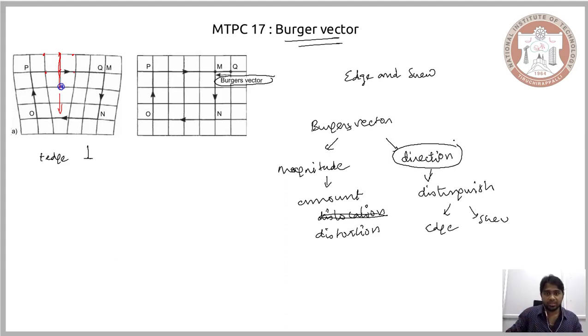Whenever the angle the Burgers vector makes with the dislocation line is neither parallel nor perpendicular, the dislocation for which we constructed this Burgers circuit and the resulting Burgers vector is a combination of edge and screw dislocation. So, all these things can be understood from the Burgers vector.